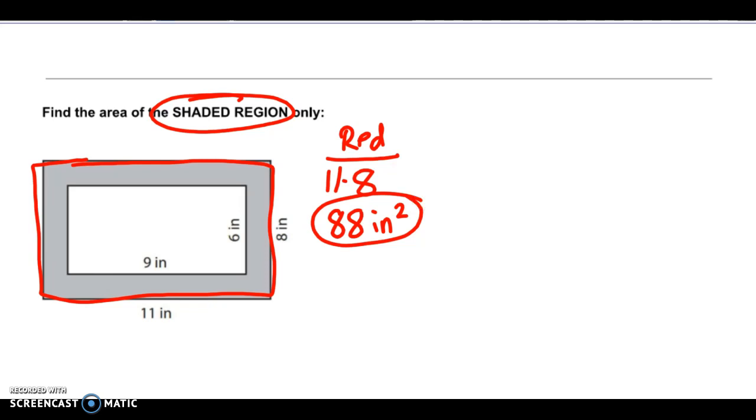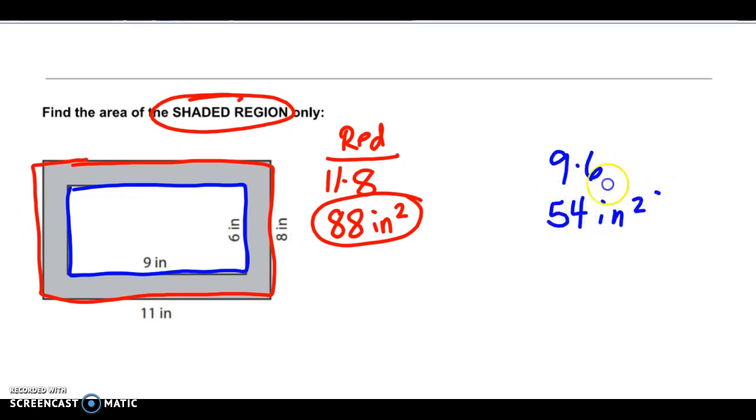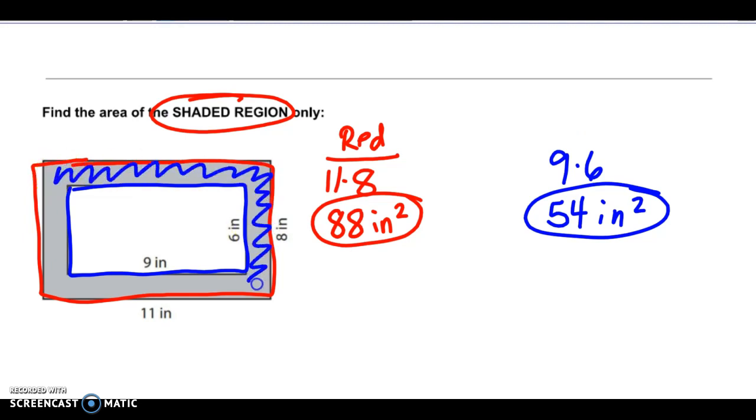But then I have an inner rectangle that I see is a 9 by 6. 9 times 6, base times height, gets me 54 inches squared. And unfortunately, at this point, I haven't found the area of just this shaded region, because that 11 by 8 is the entire thing filled in, and then really we have this white rectangle punched out of the bigger rectangle.